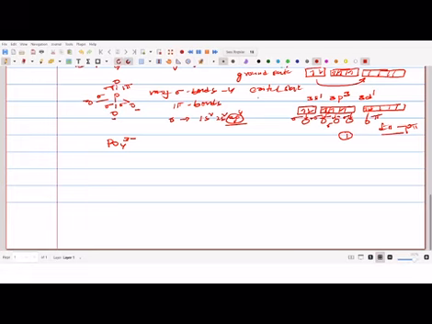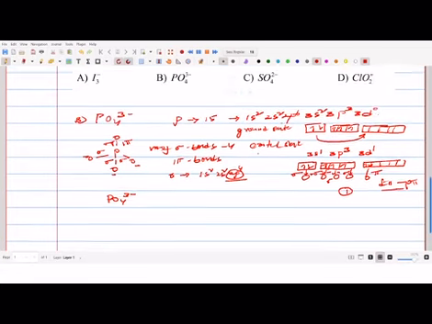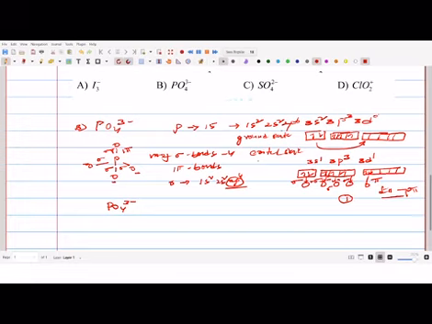Now the second option, SO4 2 minus. Sulfur has atomic number 16.